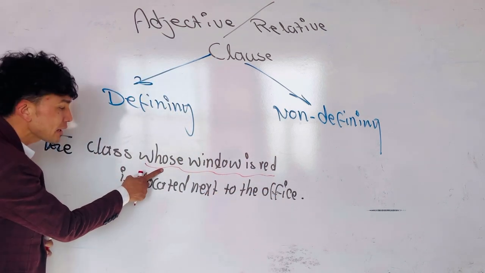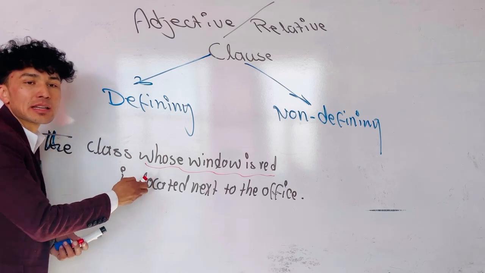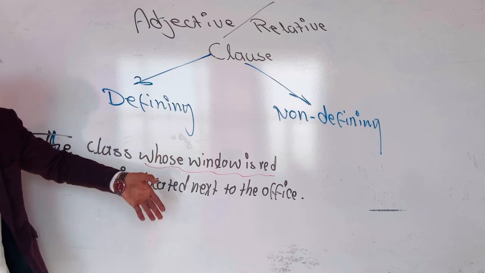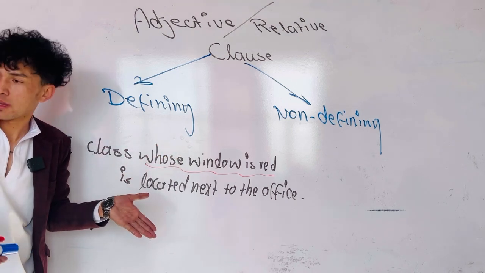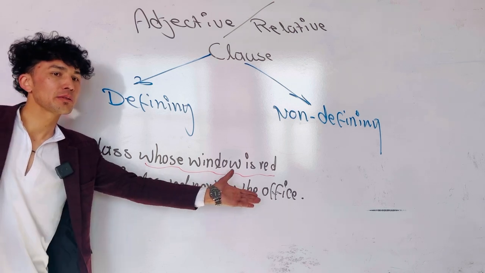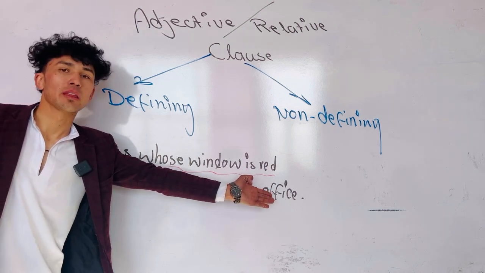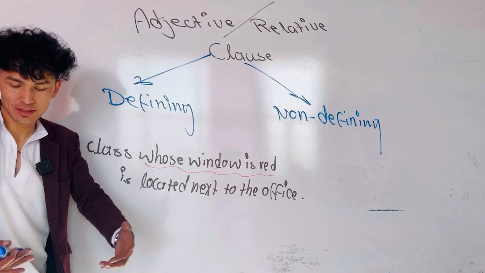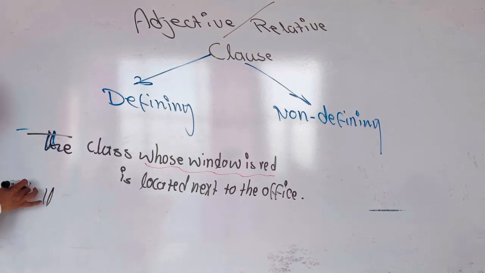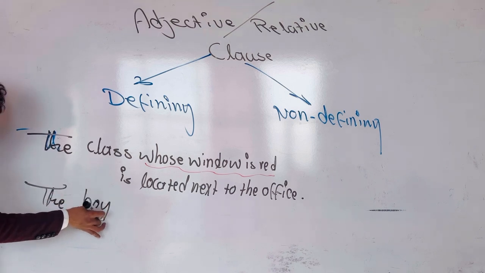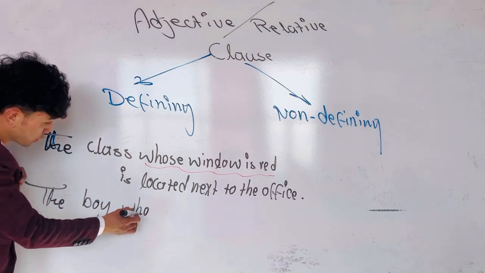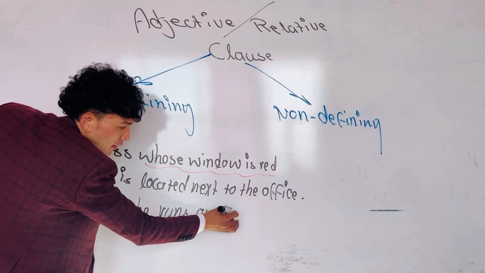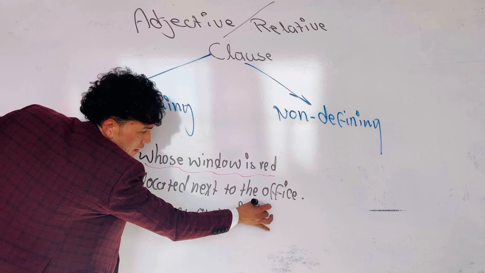So the adjective class gives necessary information. What if I take the adjective class out? Does the sentence make clear sense? The class is next to the office or something. The information is necessary. Another example. Somebody says, the boy who runs away is a thief.